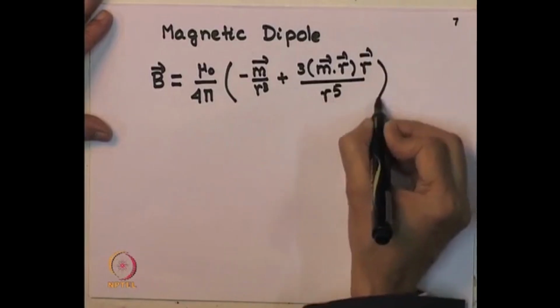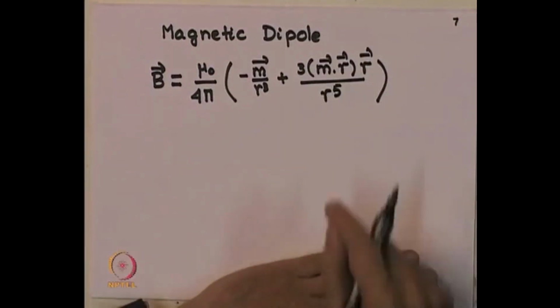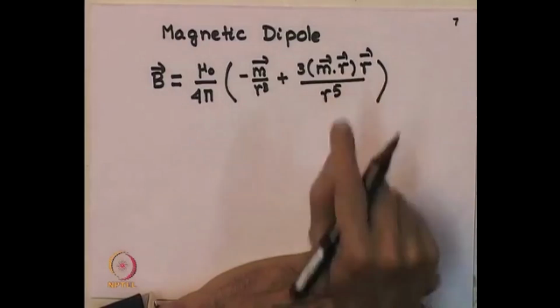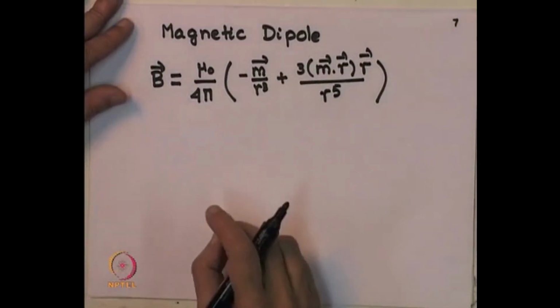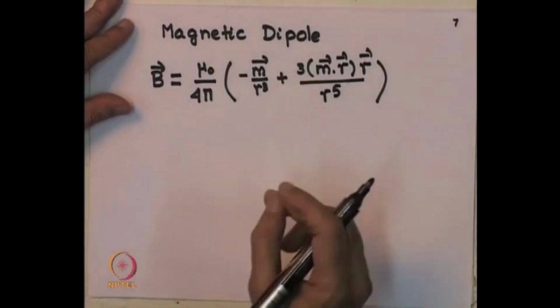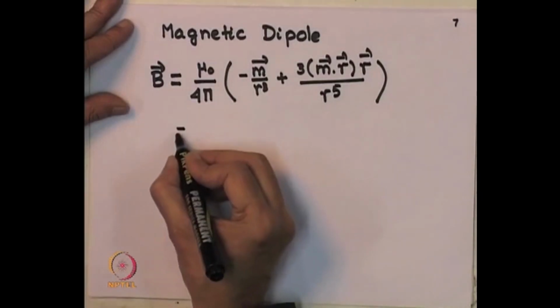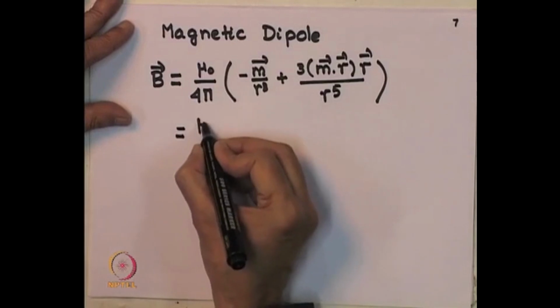Actually, all of them are inversely proportional to r to the power 3, but there are 2 r's in the numerator here.